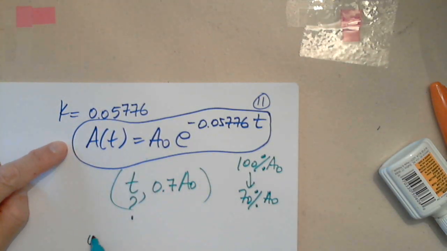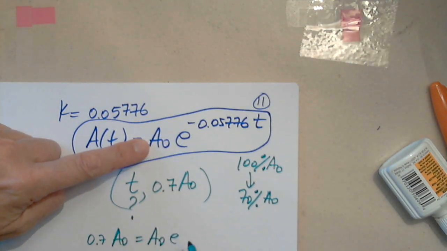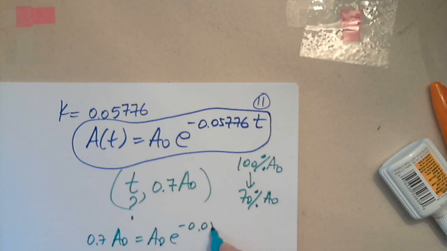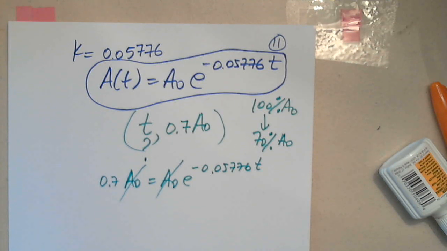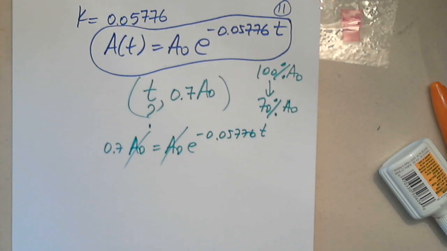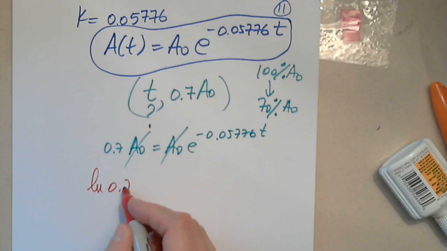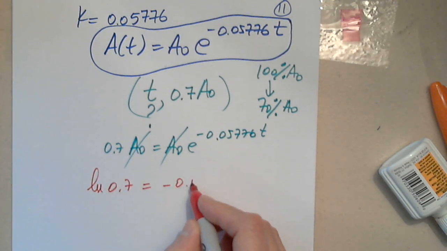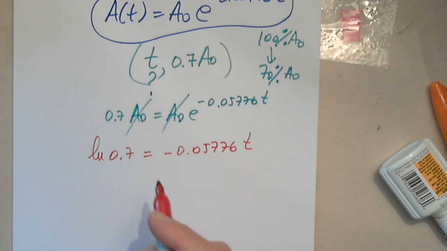When 0.7 a0 equals a0 e to negative 0.05776 t. Of course, the same thing, I need to get rid of that number. Furthermore, I don't even have it. I have to simplify. 0.7 equals e to negative 0.05776 t. And we solve for t.